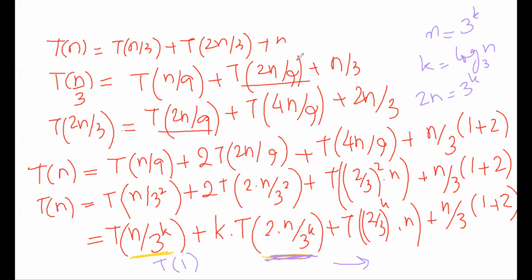And if n is equal to 3 to the power k, you get T(2) here. T(2) is not the leaf node, it can be divided further. Obviously 2 is not divisible by 3, but in terms of powers of 3, the T(2) branch will be longer.